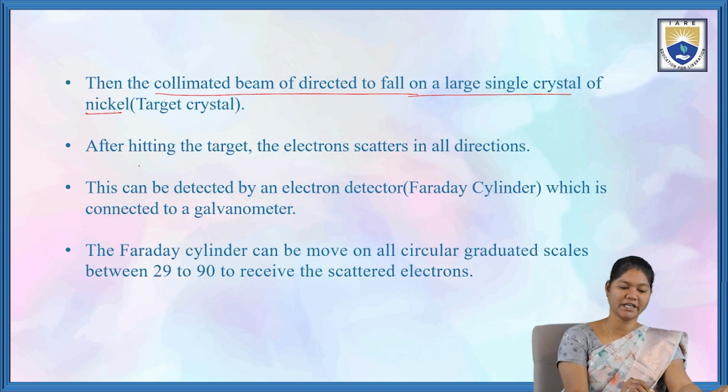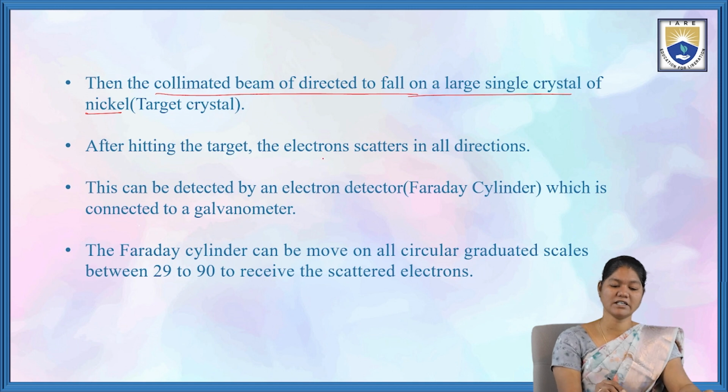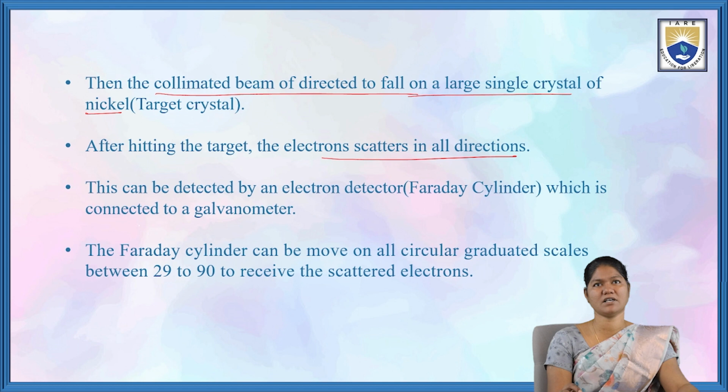After hitting the target, the electrons scatter in all directions. When the electrons hit the target nickel crystal, they scatter in different directions.